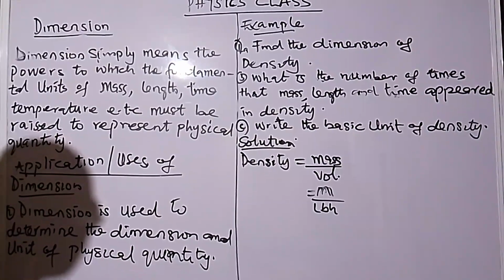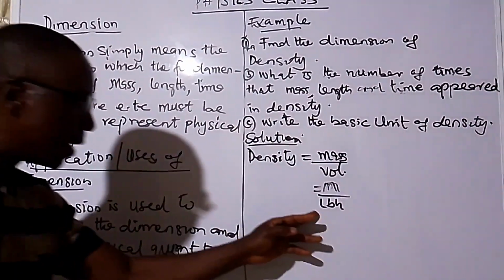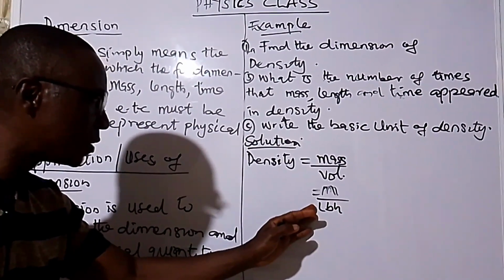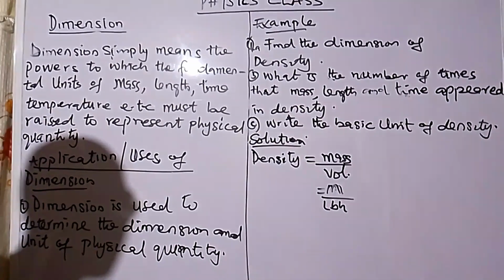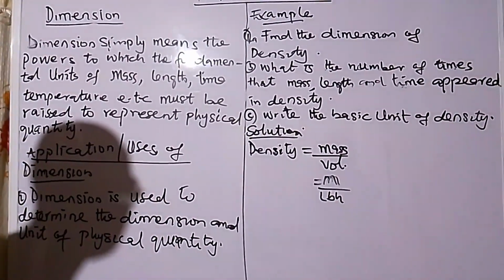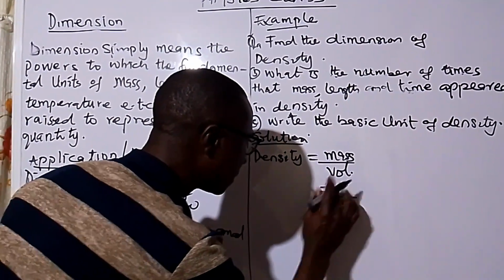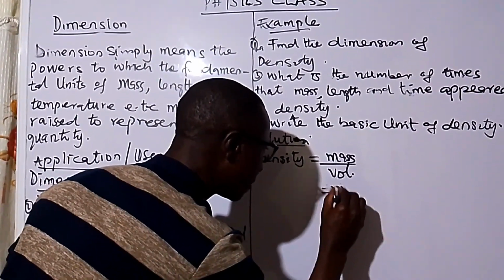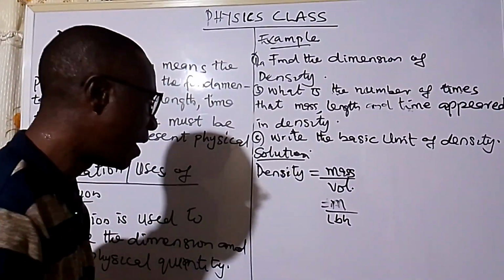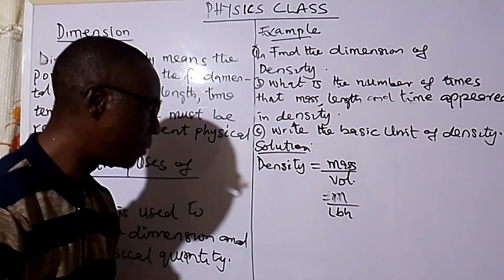Now, we are familiar with all this from our last lesson. This is mass, m for mass, l for length, b for breadth, and h for height.